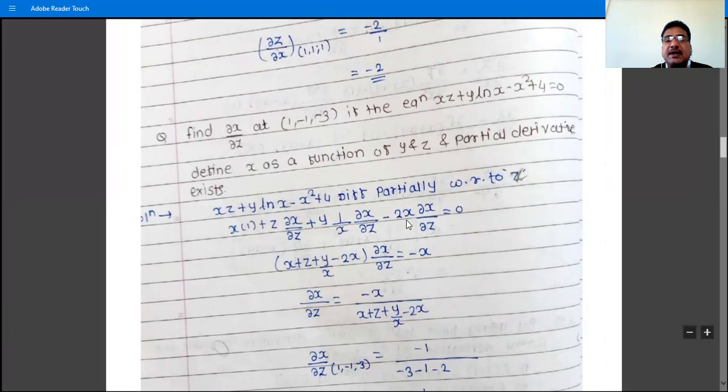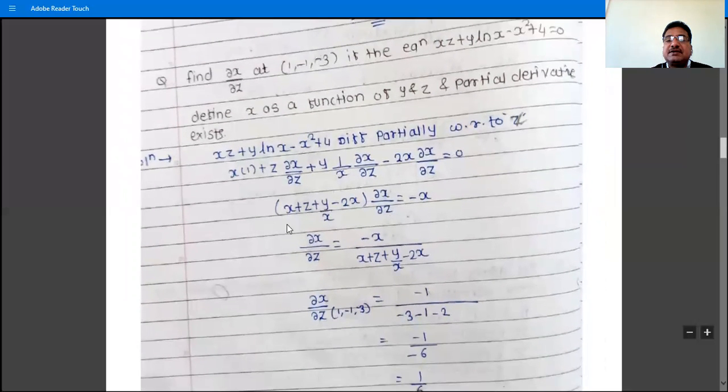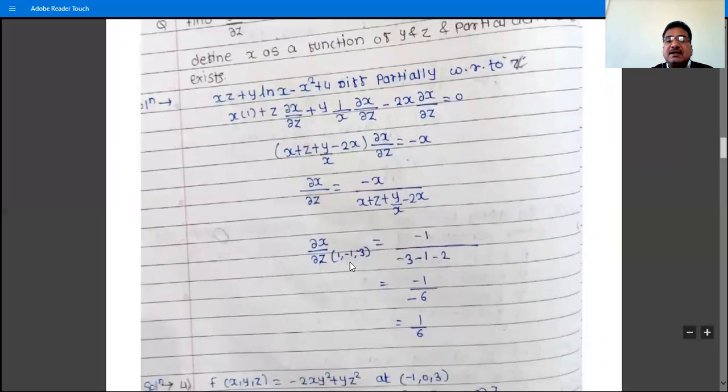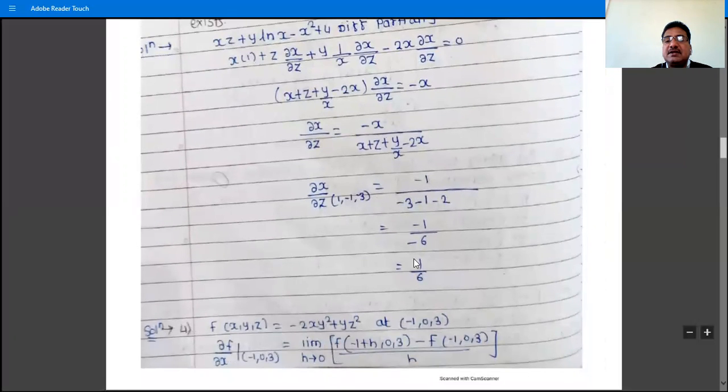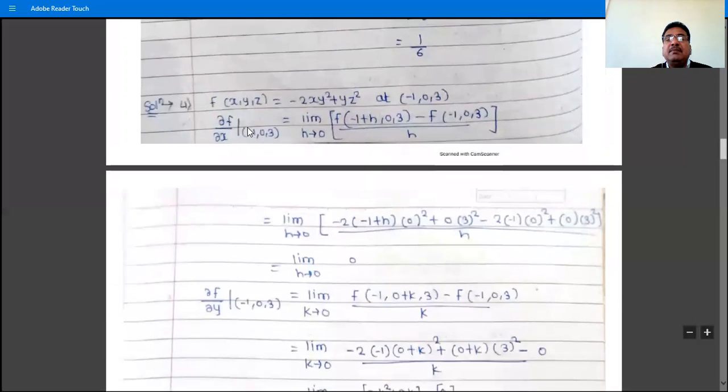The derivative of x square is 2x ∂x/∂z because the derivative is with respect to z. If there were z square, its derivative would be just 2z, but it is x square, so its derivative is 2x into ∂x/∂z, equal to 0. Take ∂x/∂z as common, and we have this answer, and then the answer at 1, −1, −3 is this.